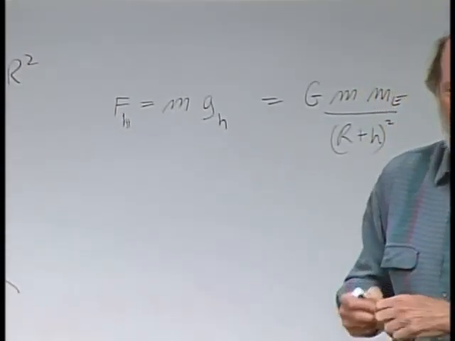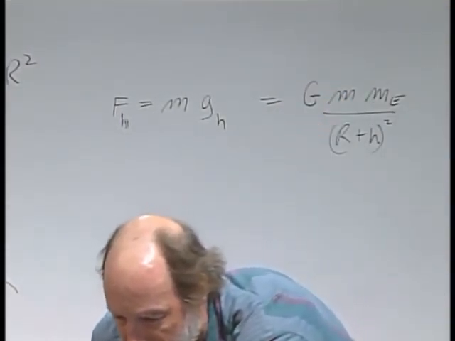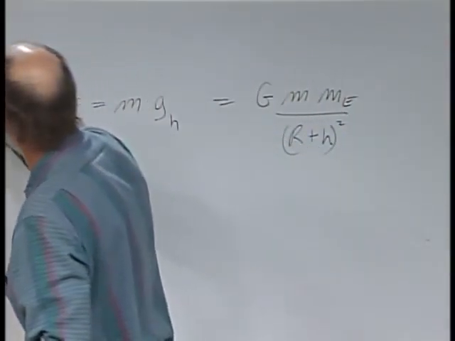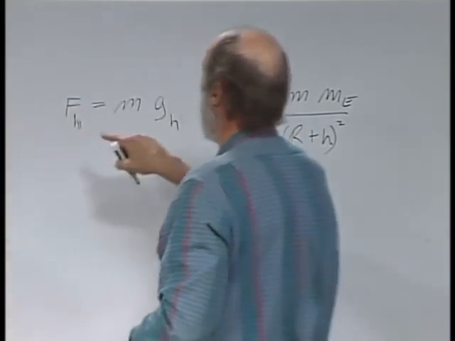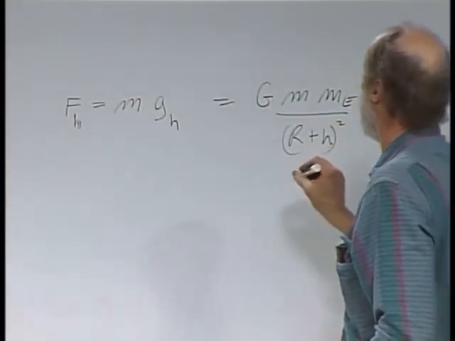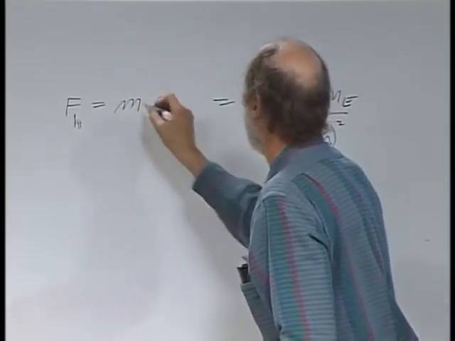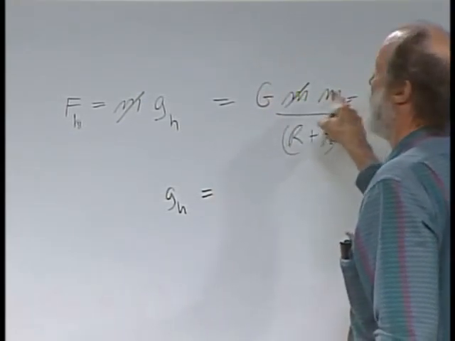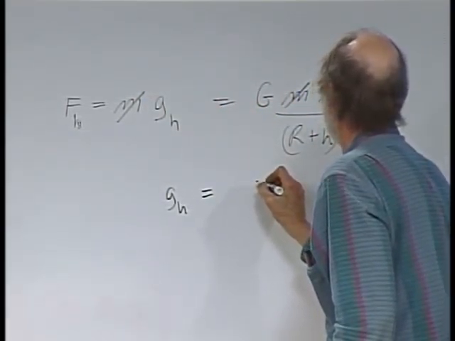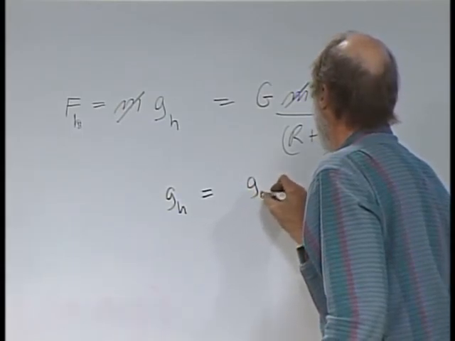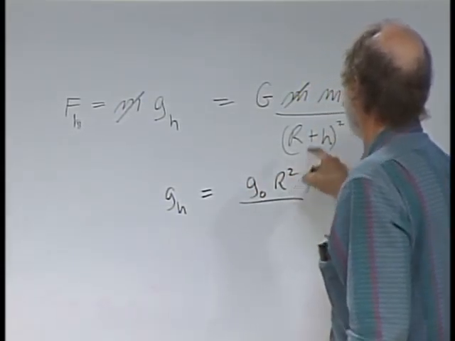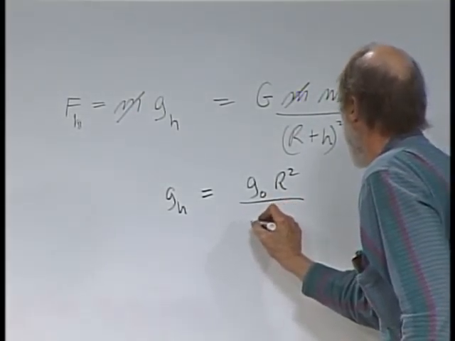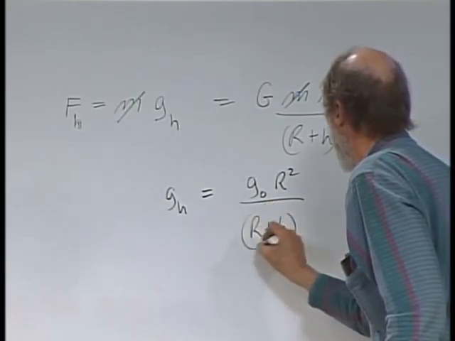If we come in there now and replace G M_E with this g naught value, and we lose the mass of the object here, we have that numerator being replaced with g naught R squared, G times M_E, divided by R plus h, the quantity squared.